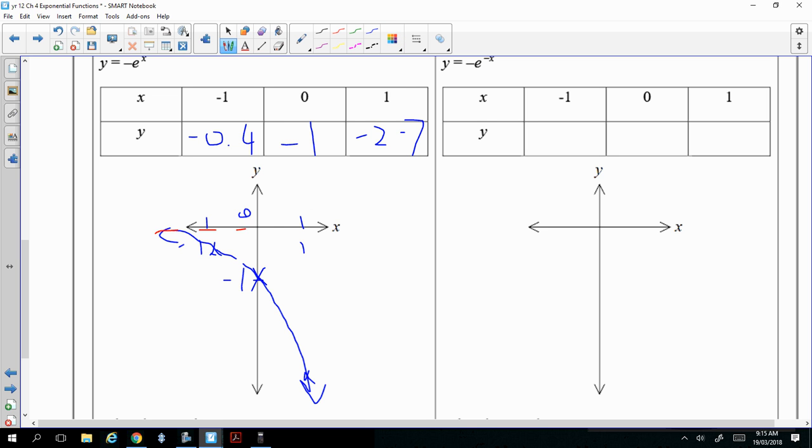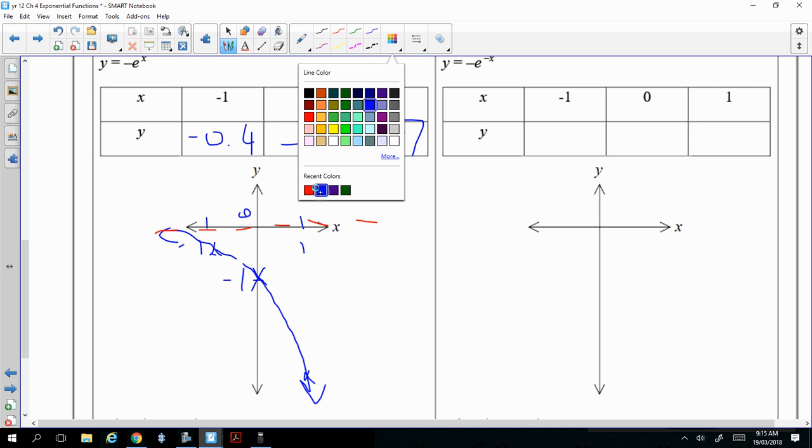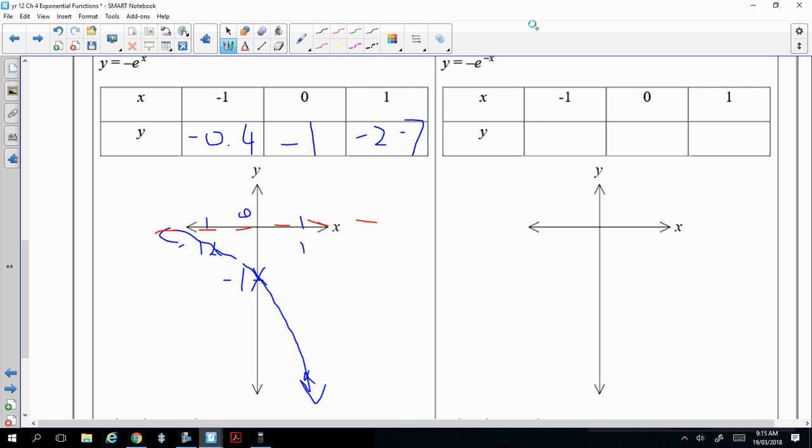Okay. And then you do the next one. You get -2.7, -1, and -0.4. Get this. Alright, okay. So these are all the graphs.